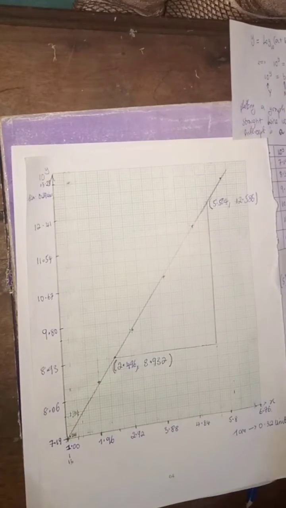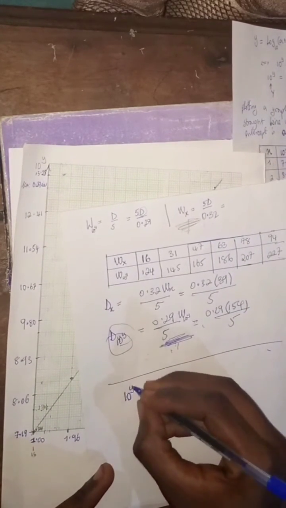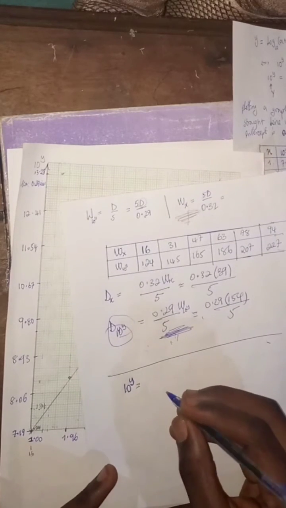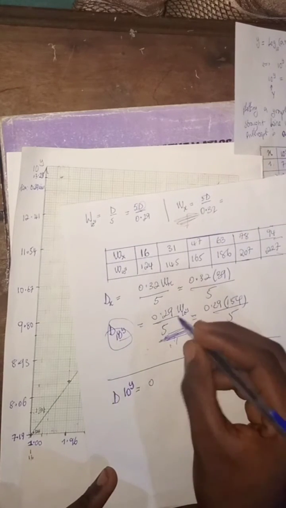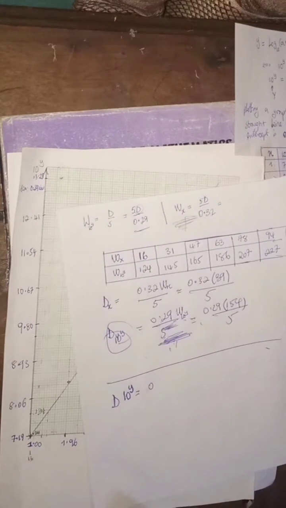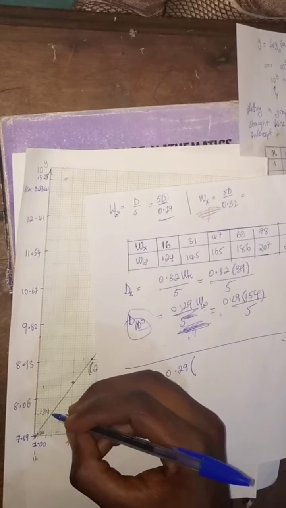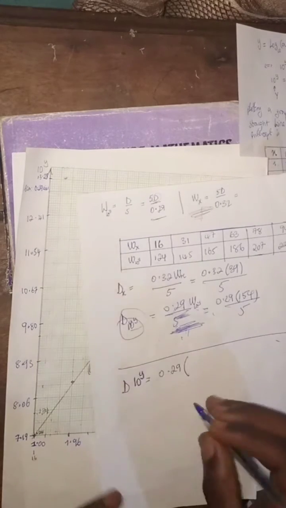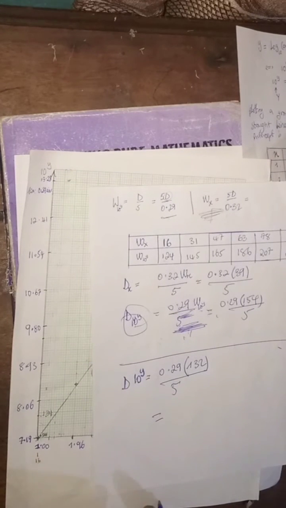For the y, I'm going to calculate 10 to the power y. This is my data point, right? My data point for 10 to the power y is given by this formula, 0.29 times the whole number part divided by 5, according to this expression here. So I'm going to take 0.29 times the whole number part, which we say is 132, divided by 5.